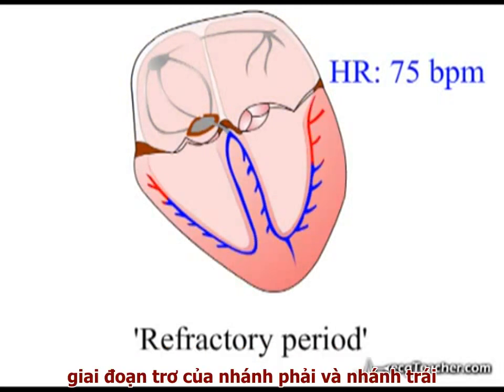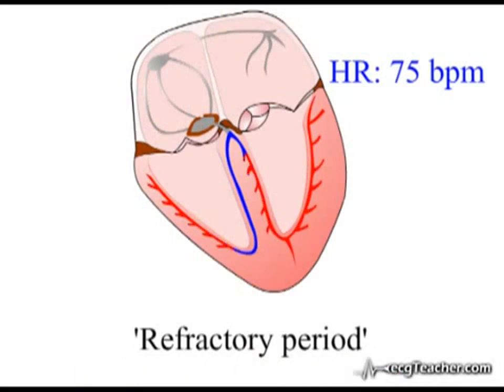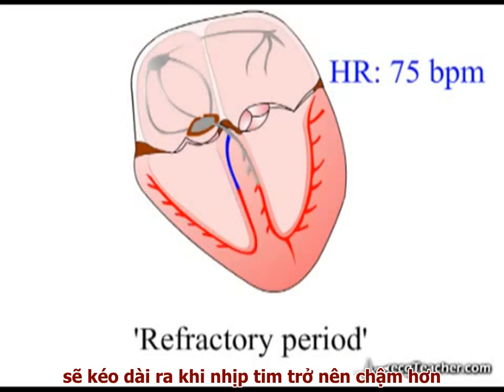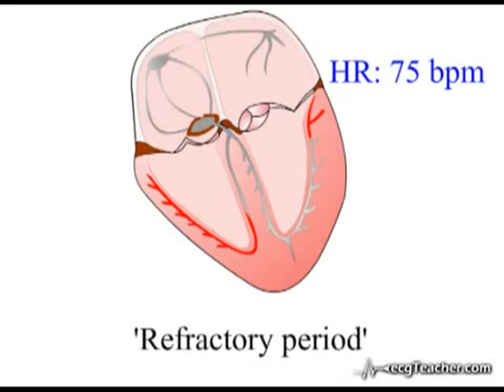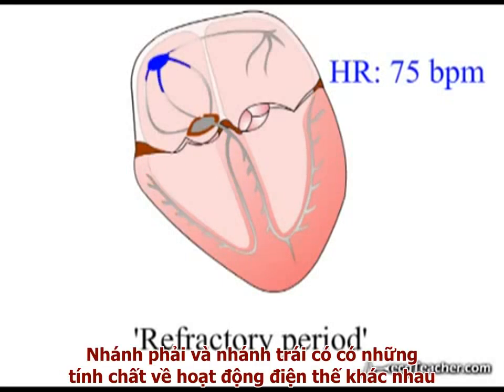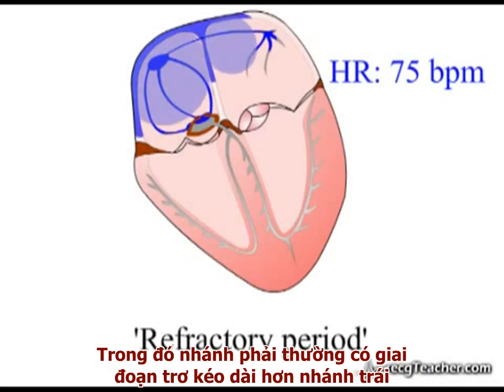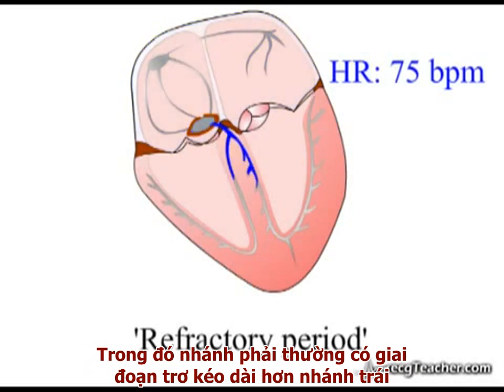Specifically, the refractory periods of the left and right bundle branches become more prolonged as the heart rate slows. Also, as illustrated here, the left and right bundles have slightly different electrical properties, with the right bundle branch having a longer refractory period than the left.